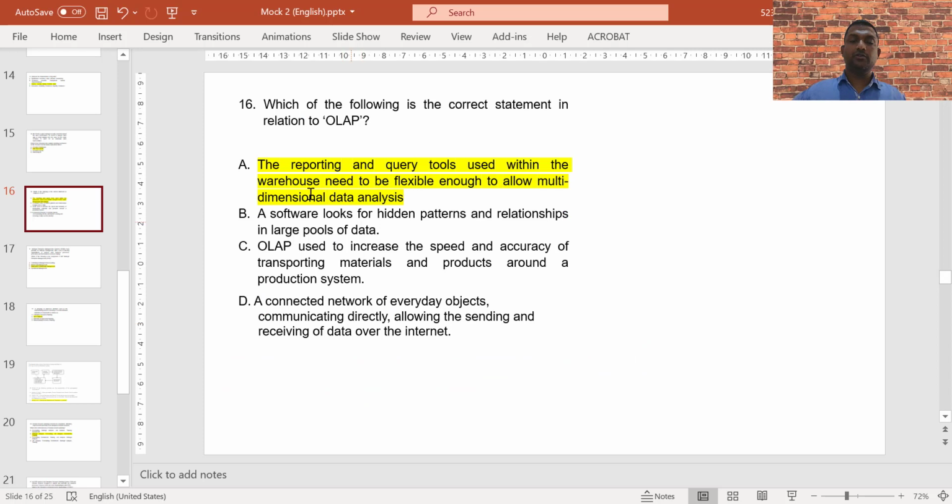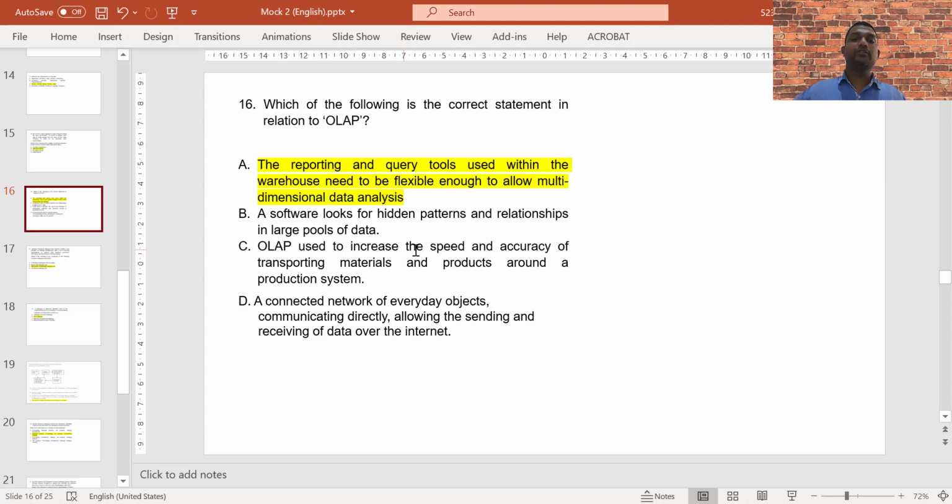So if we look at the 4 answers, the first answer is highlighted as the correct answer. The reporting and query tools used within the warehouse need to be flexible enough to allow multidimensional data analysis. So this is what we looked at now, and let's look at the other answers as well. A software looks for hidden patterns and relationships in large pools of data.